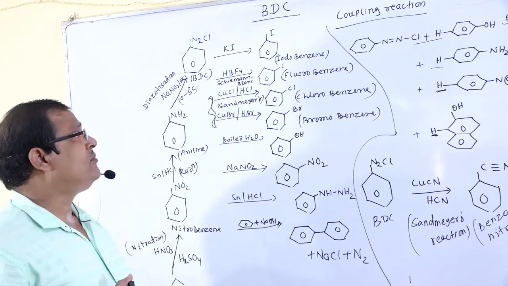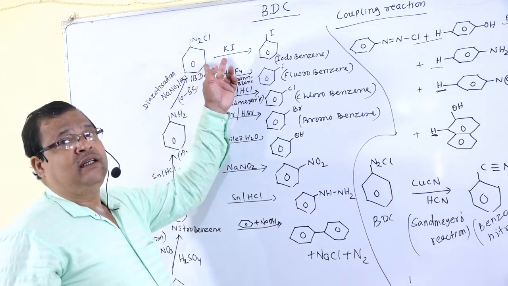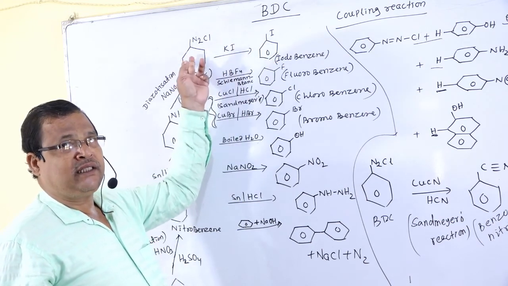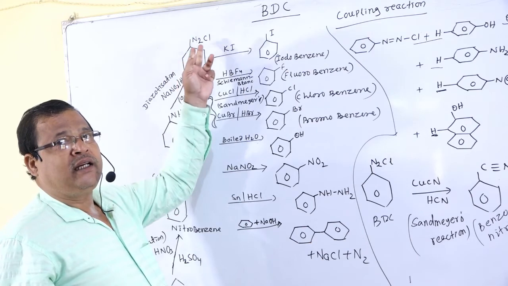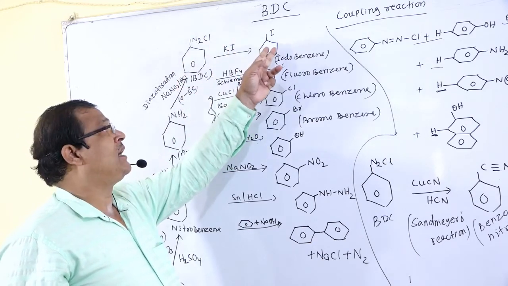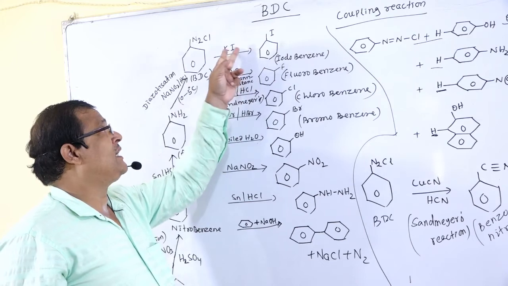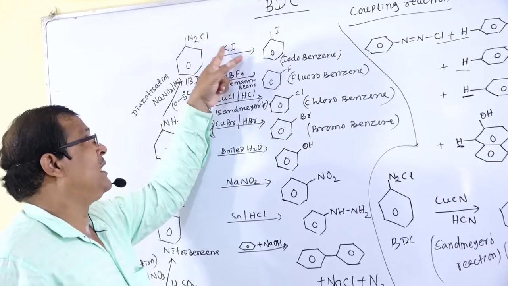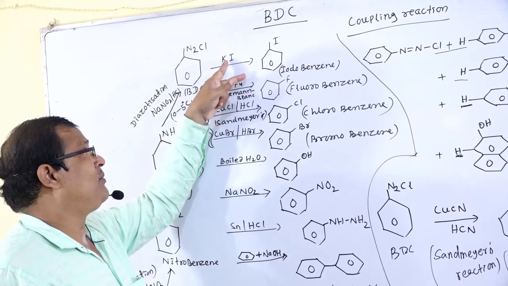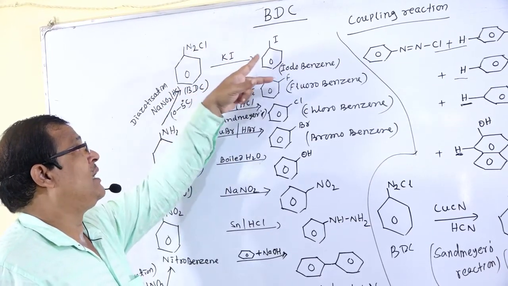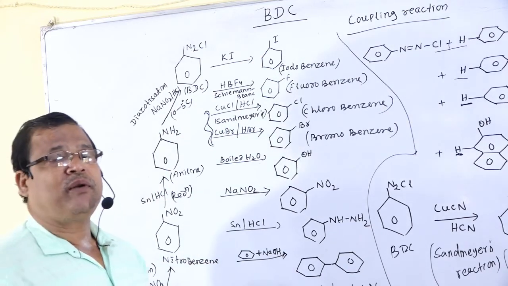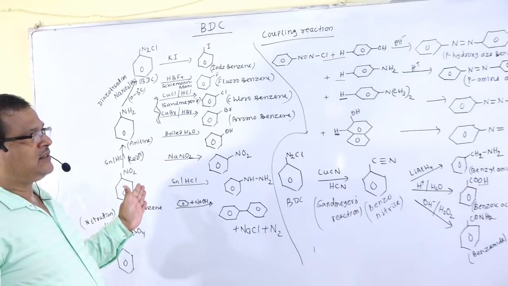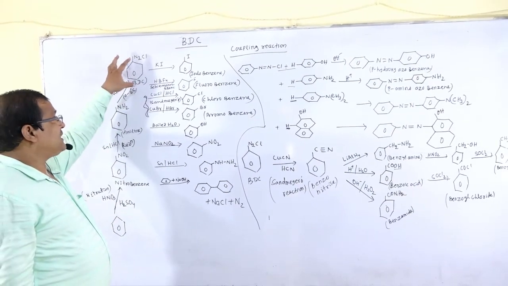But in this method we can directly obtain iodobenzene: BDC treated directly with KI forms iodobenzene, and the rest is removed in the form of KCl and N2. So these are the different types of conversions explained through BDC.